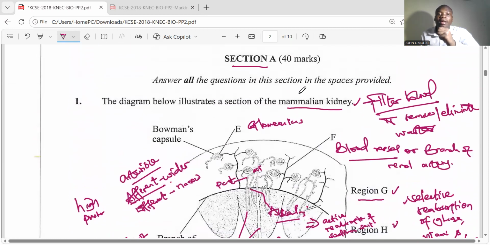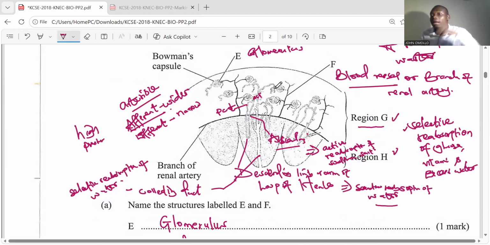And that is why you saw 40 marks here. Section A, 5 questions. Section B entails the graph part. The graph part is 20 marks plus 40, that is 60. And then essays come from question 7 or 8, so you choose either 7 or 8.